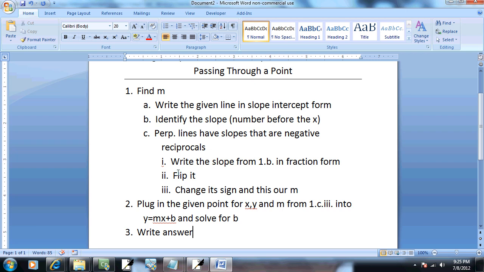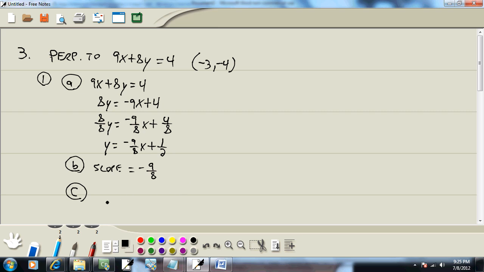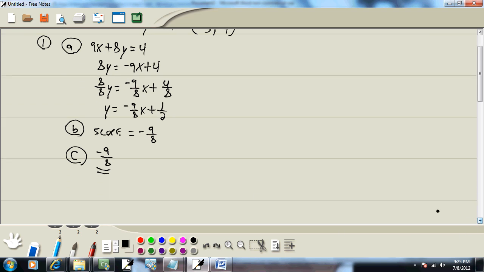Now part C. Perpendicular lines have slopes that are negative reciprocals, so we're going to start with the slope from B. We're going to put it in fraction form.